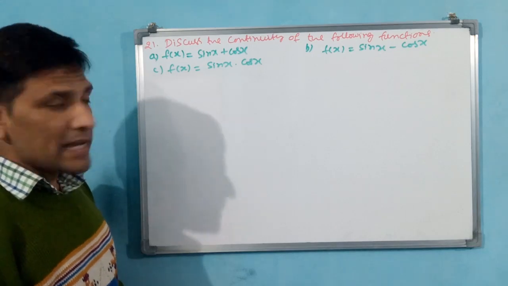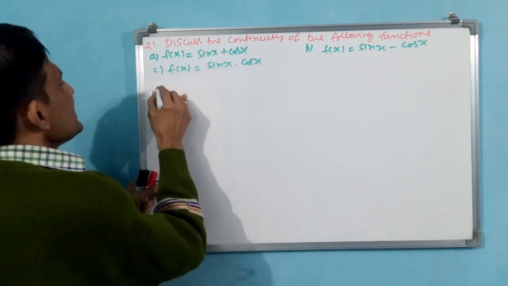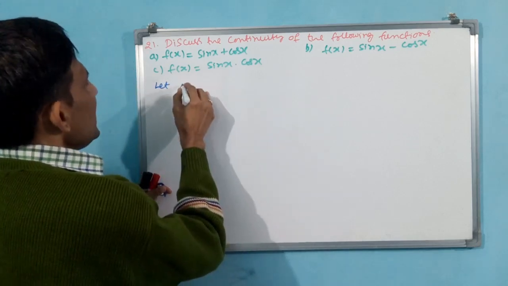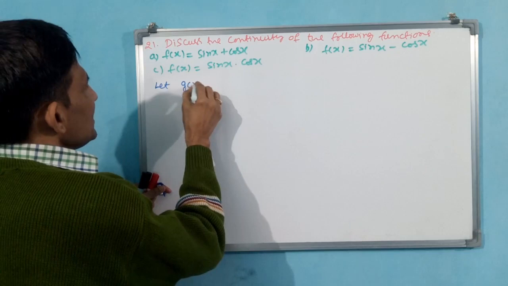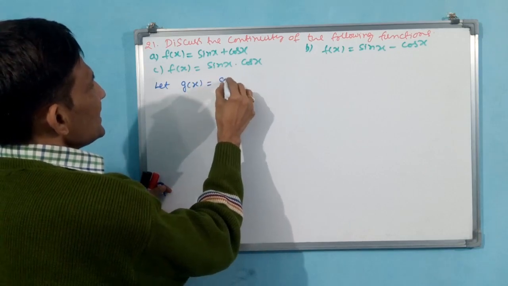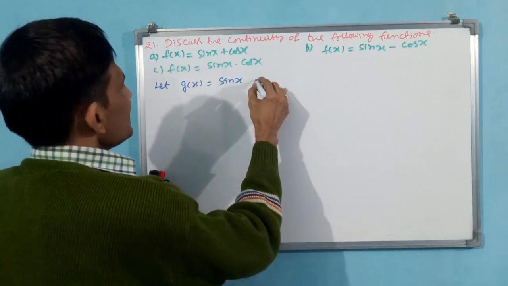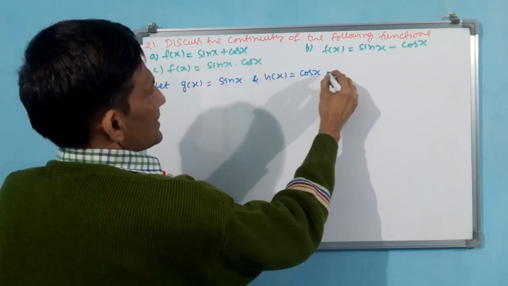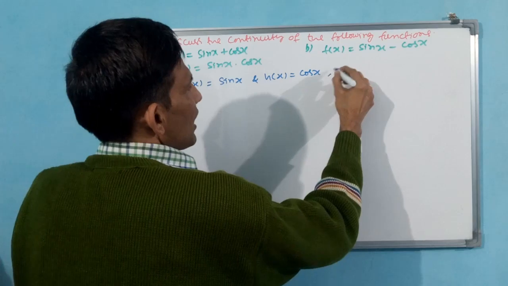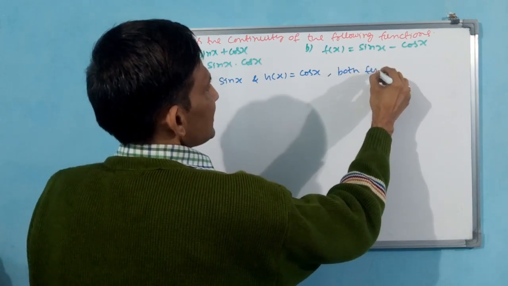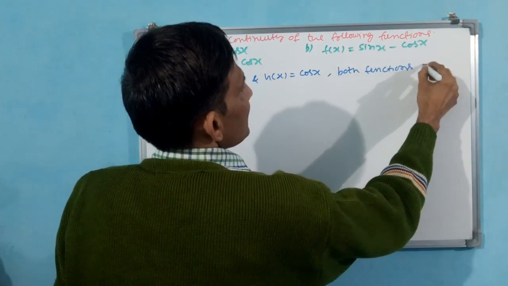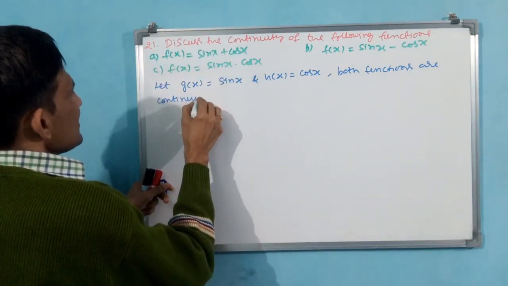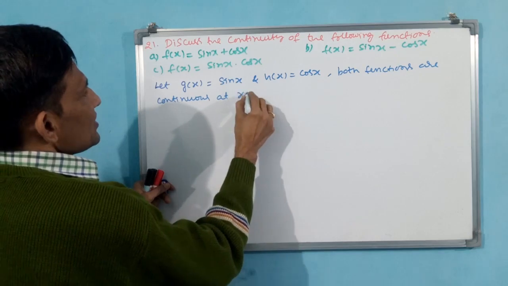Now what I am writing, you see. Let g(x) is equal to sin x and h(x) is equal to cos x, both functions are continuous at x is equal to c.